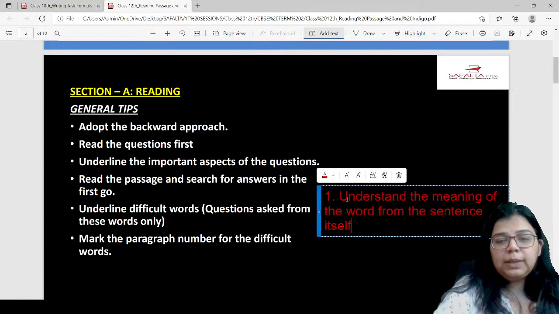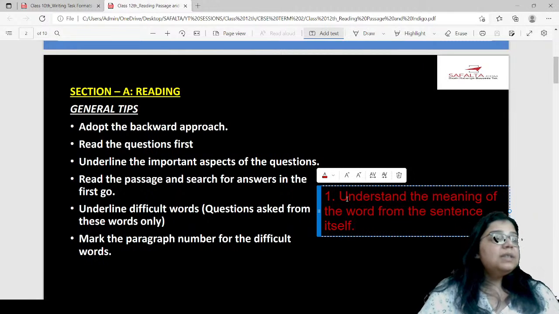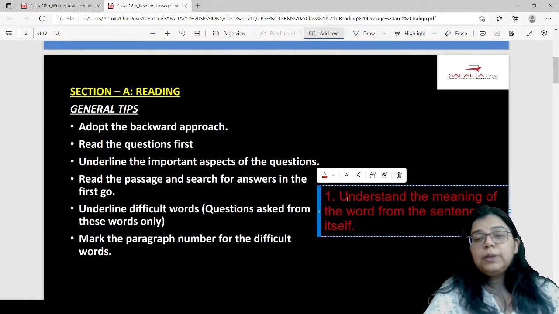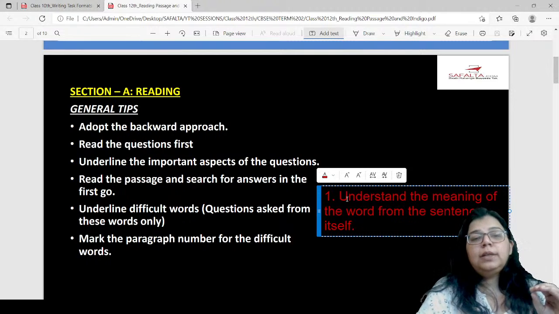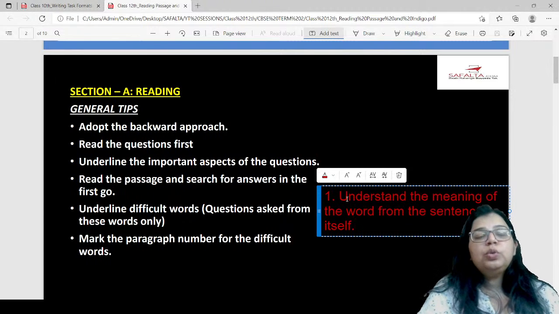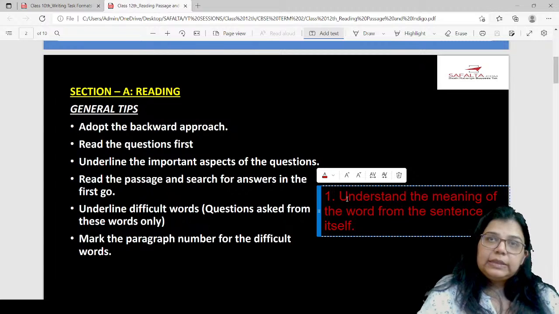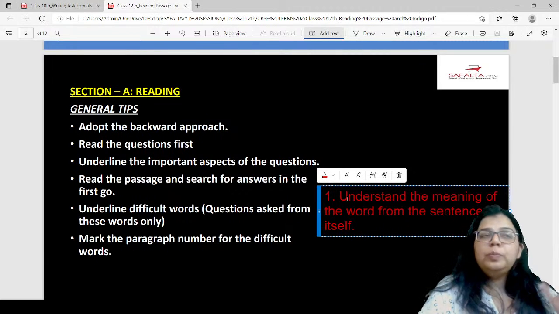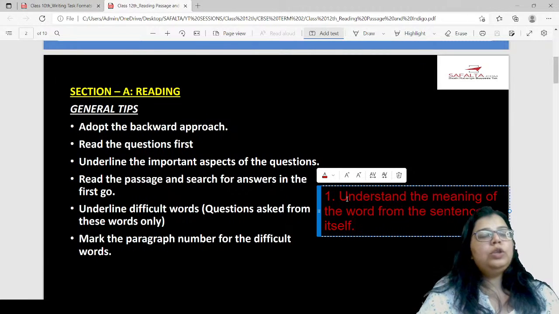A lot of times when we read a sentence and come across a difficult word, you will realize that you are able to understand it just by reading the sentence. You come across a new word, and you will not even need the dictionary. When you read the entire sentence, you will be able to understand the meaning of the word itself.